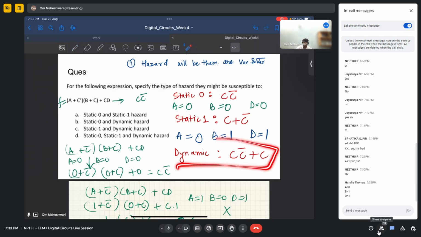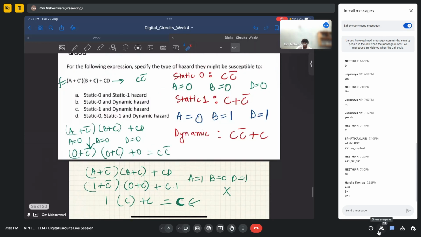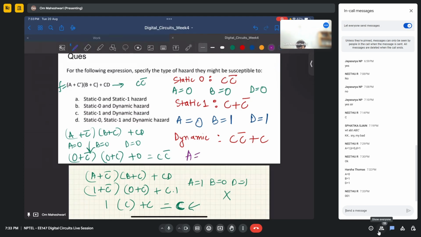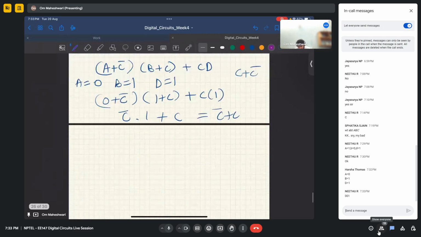For dynamic, we need C bar plus C. Now how do we get this? Let us try 001.